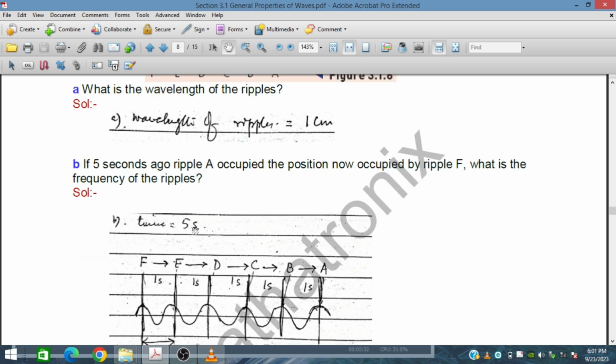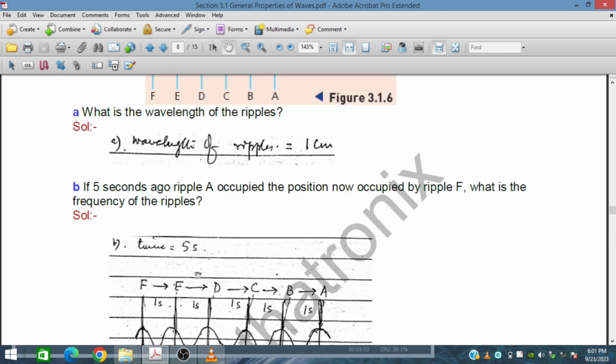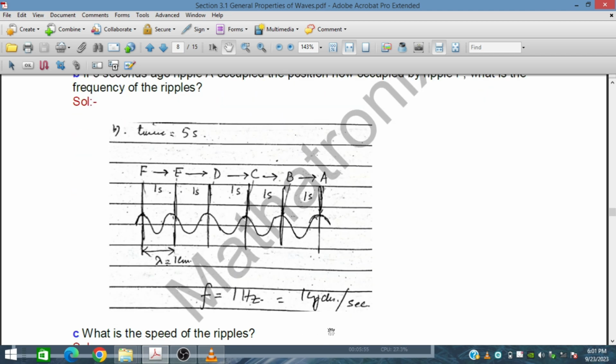From here to here it takes 1 second, 1 second, 1 second. So this is 1 second, 2 seconds, 3 seconds, 4 seconds, 5 seconds, total 5 seconds. So the frequency is basically one wave in 1 second. So the frequency is 1 hertz. This is simple.